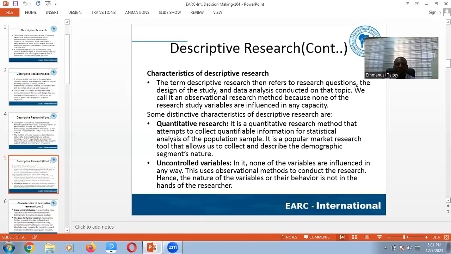Second, uncontrollable variables, in that none of the variables are influenced in any way. This uses the observation method to conduct the research. Hence, the nature of the variables or their behavior is not in the hands of the researcher.